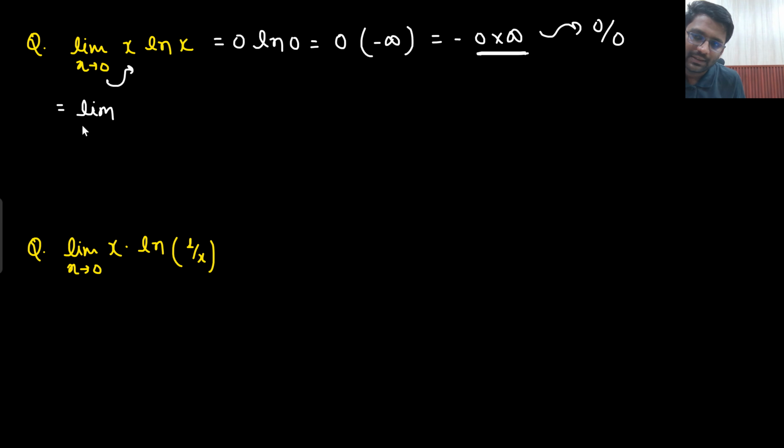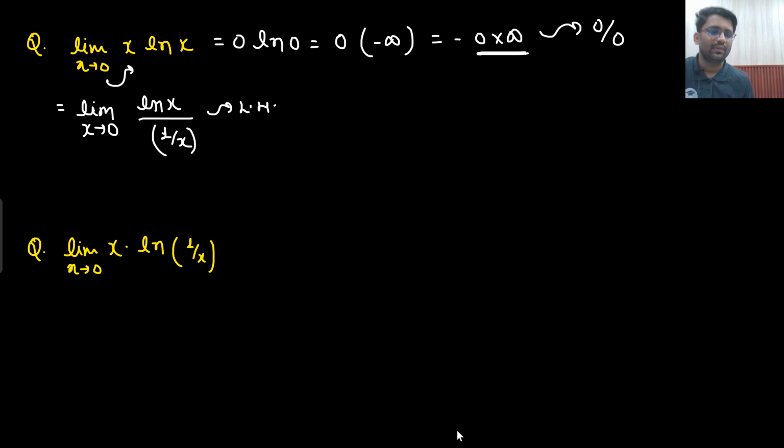So it could be written as limit x tending to 0. Sir, ln x I am keeping as it is, and I am taking 1 by x downward. Now I am pretty sure that it was 0 into infinity. Either it would have become 0 by 0 or infinite by infinite. I don't care what it has become. Although I can see that ln infinity will also become infinity, so it has become infinite by infinite. That means I can apply L'Hopital rule.